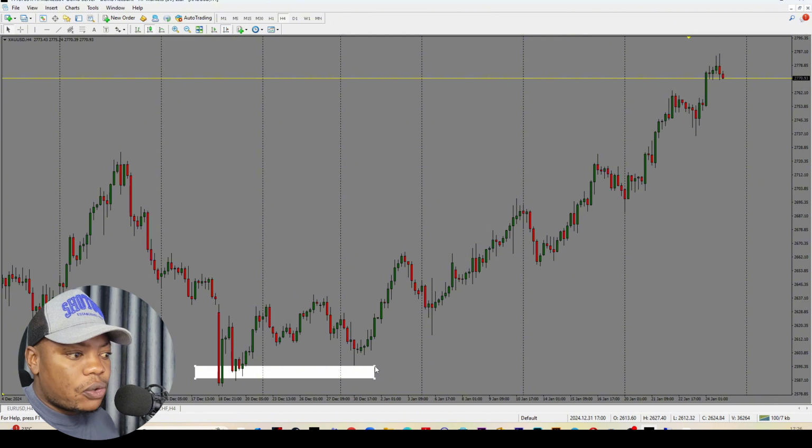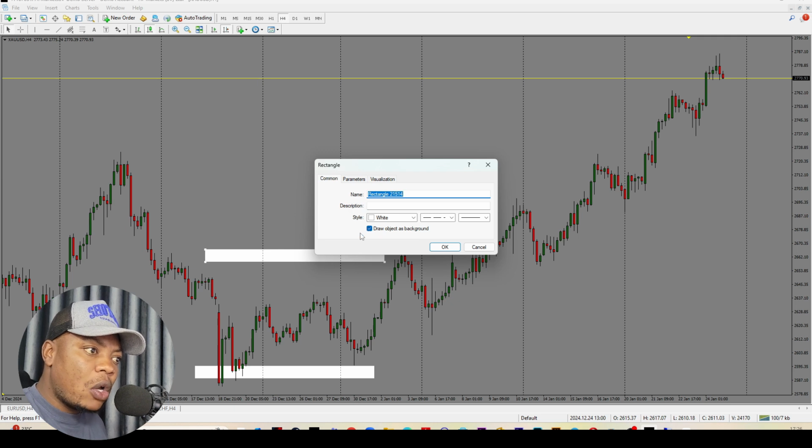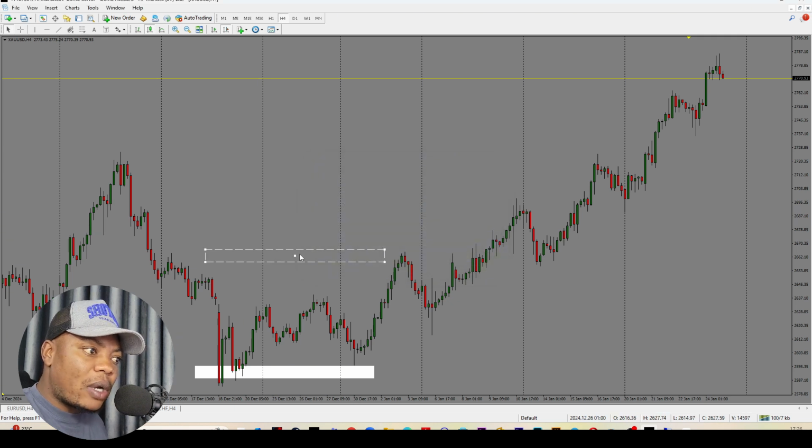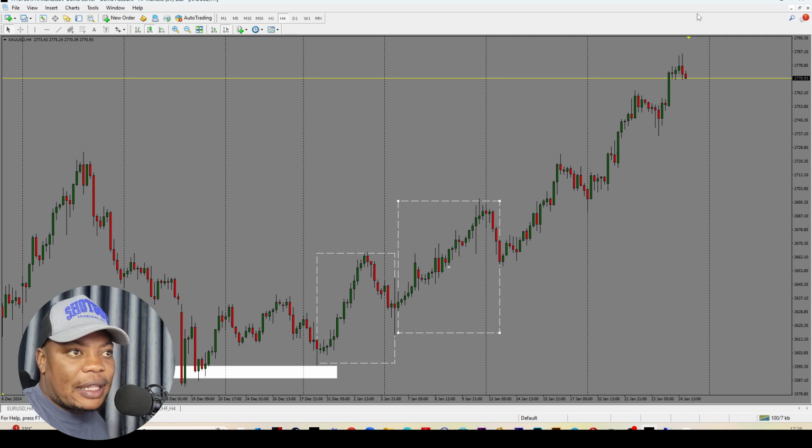So from these lows, we can see that we had the first impulse to the upside, which is basically this one. First rise like that, pullback, meaning this was level 1. Then we had the second rise like that, and then we had the third rise, which is very long compared to the first two.